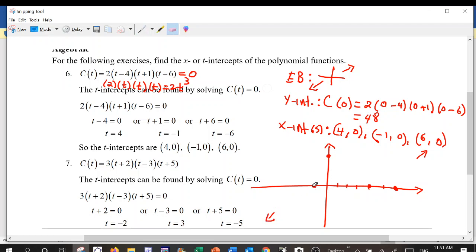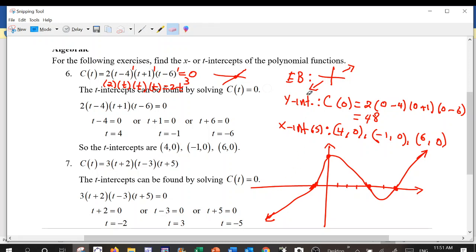Since all of them are to the first power, they all just cross at the x-intercept. So here we have a crossing, here we also have crossing, and here we also have crossing. So we come over here, it crosses, goes over there again. We don't know exactly where, but we know it goes over there. Comes over here and goes over there. That's the best we can do with what we have with algebra.